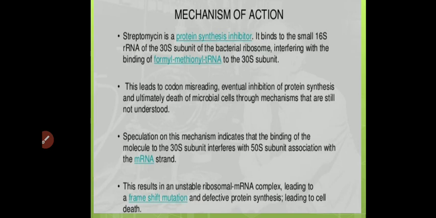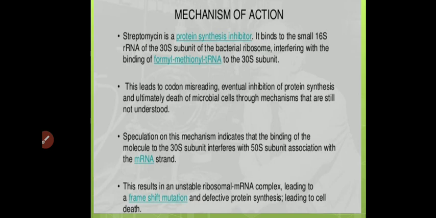The exact mechanism behind it is not understood up till now, but speculation on this mechanism indicates that the binding of the molecule to the 30S subunit interferes with the 50S subunit association with the mRNA strand.